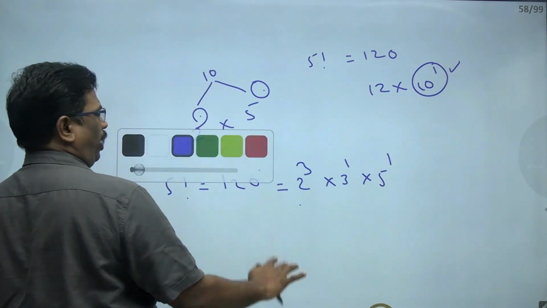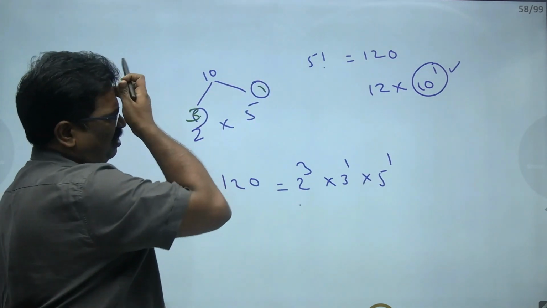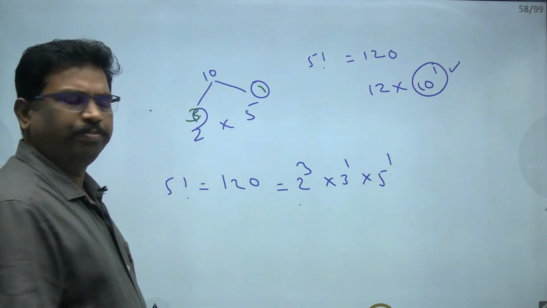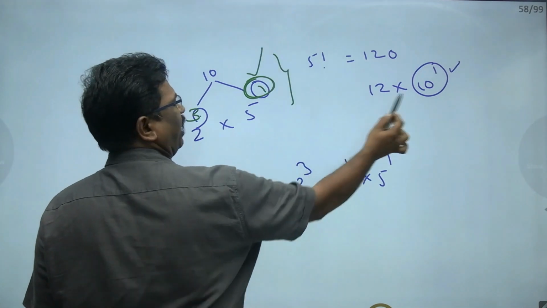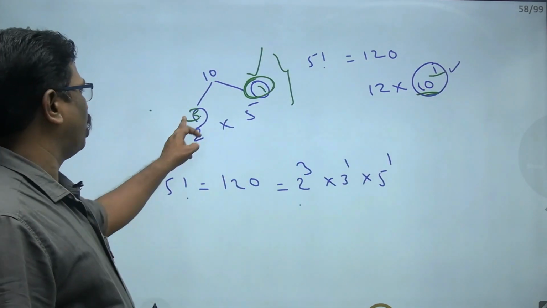So the highest power of 2 I got as 3, and the highest power of 5 I got as 1. I want to take the minimum. Among these two, the minimum is 1. So that's the highest power of 10. So always you take the minimum, all of you.